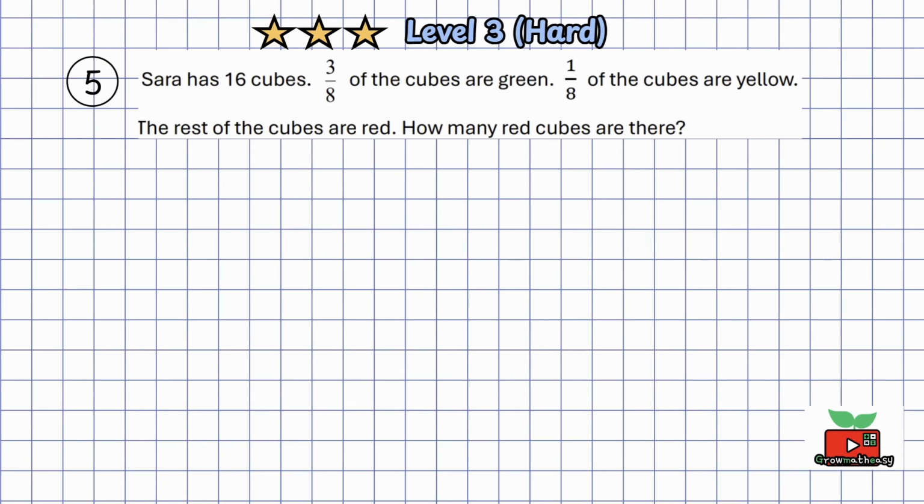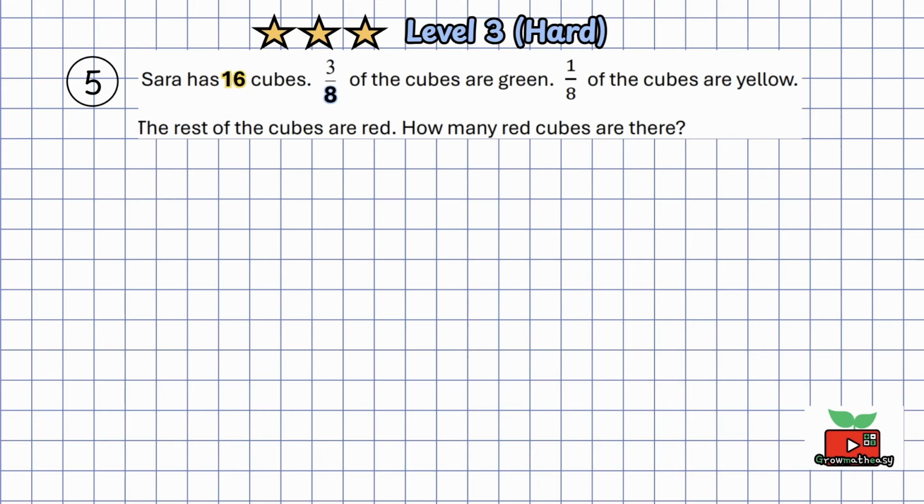Question 5. Sarah has 16 cubes. 3/8 of the cubes are green, 1/8 of the cubes are yellow, and the rest are red. How many red cubes are there? Let's solve it together. First, let's look at the denominator, 8, and the total number, 16.